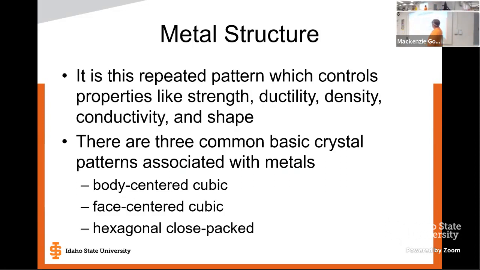That crystalline structure is what controls the strength, ductility, density, conductivity, and shape of whatever metal we're dealing with, right? So all of these properties are known for a metal because we know what crystalline structure the metal has.